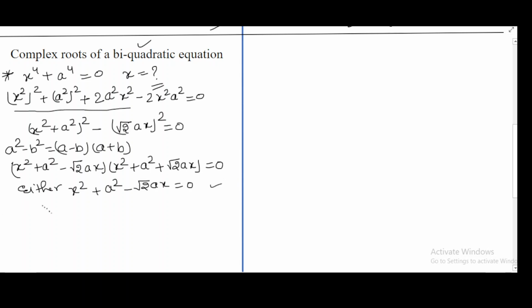In order to take this case, we have to compare it with the standard quadratic equation ax square plus bx plus c equal to 0, and I will use the Sridharacharya rule.